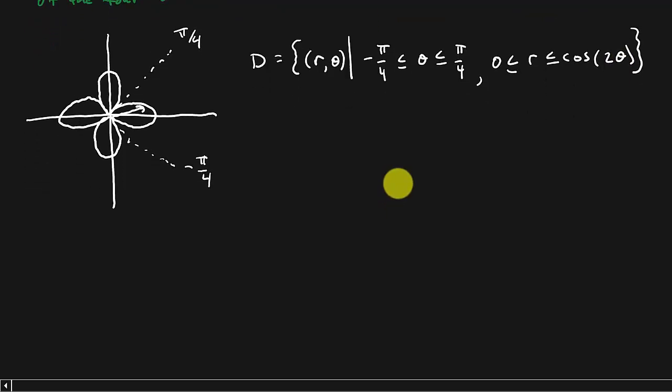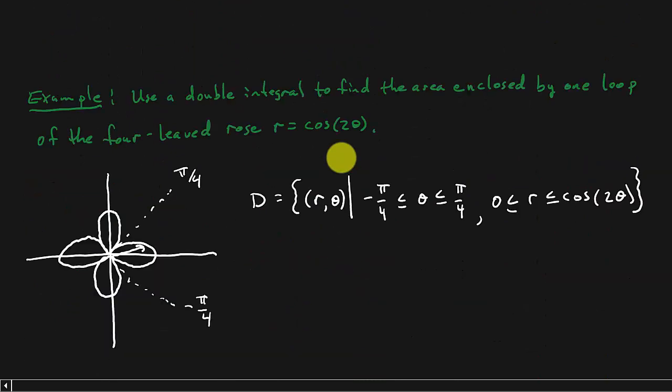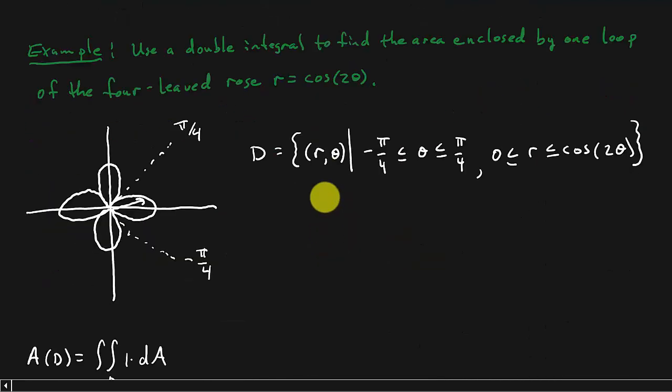So let's find the area. Our area of that region is equal to the double integral of 1 dA, and that's what it said up here, this is your area. I guess we could use this formula, but let's just go ahead and set the whole thing up.